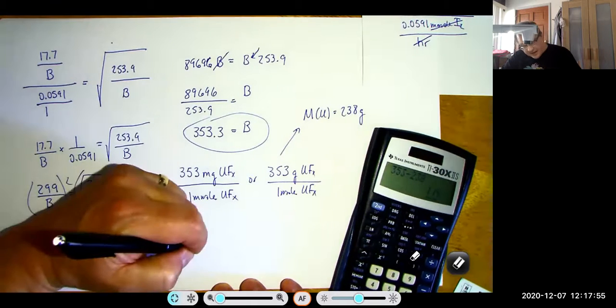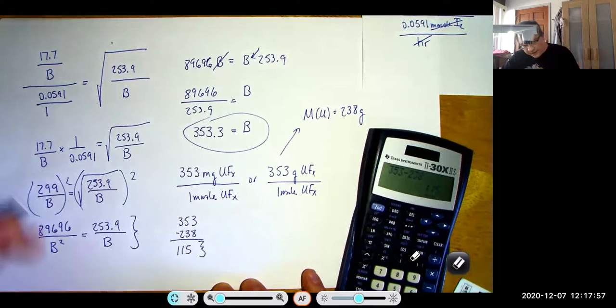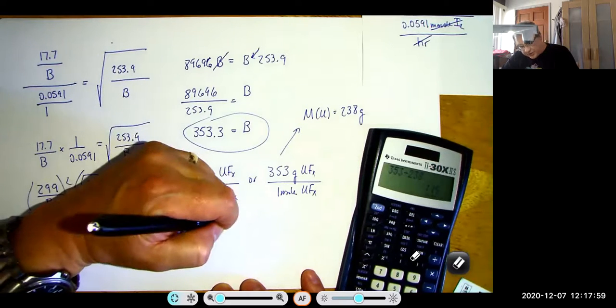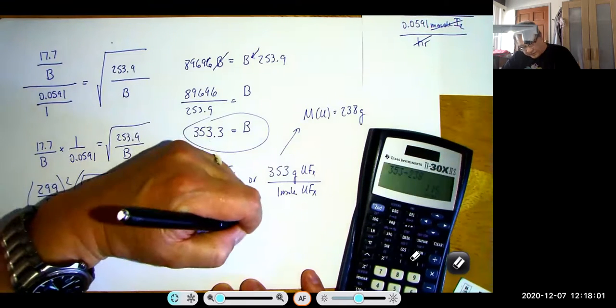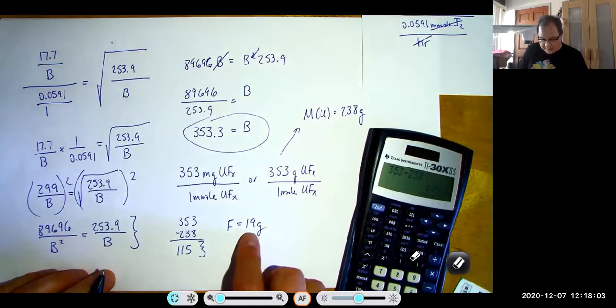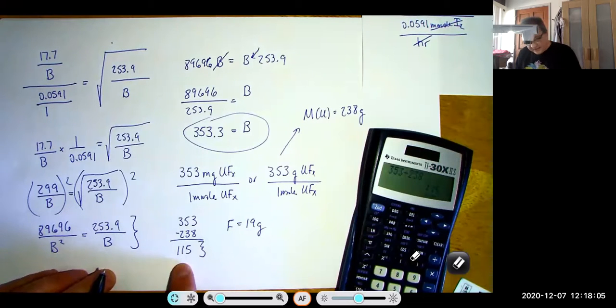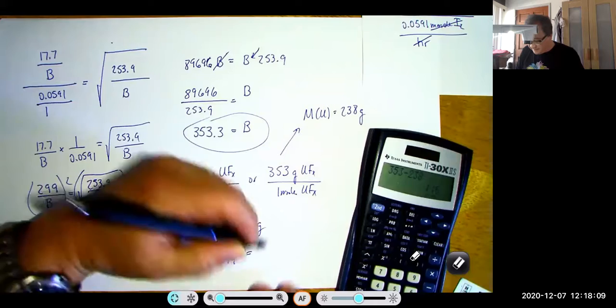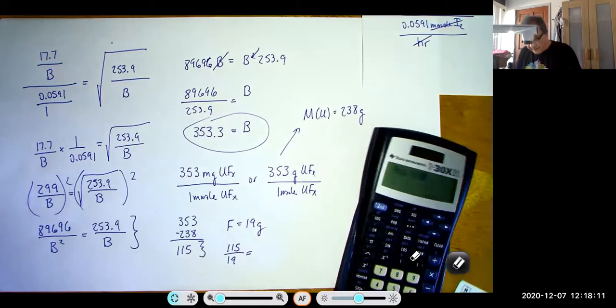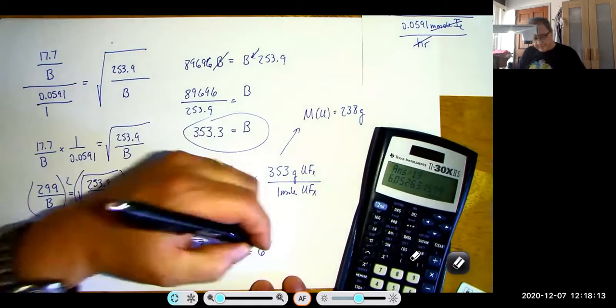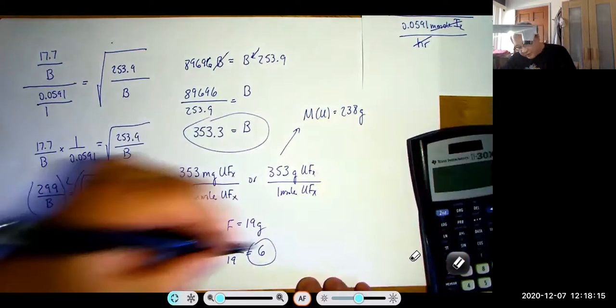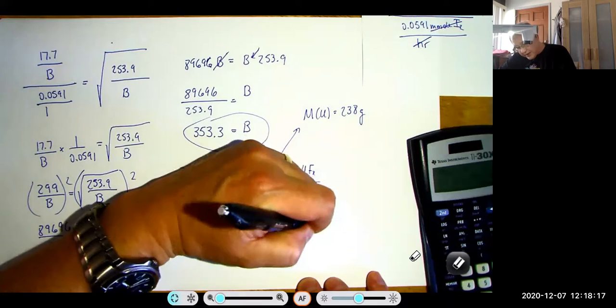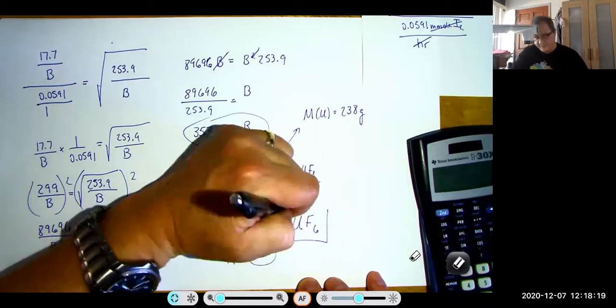So that means that when we take a look at the fluorines, fluorines are 19 grams per mole. I need to find out how many of these are going to make 115. And the way to do that is just say 115 divided by 19. And that's equal to 6. So that means that the formula must be UF6.